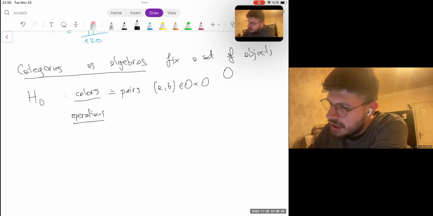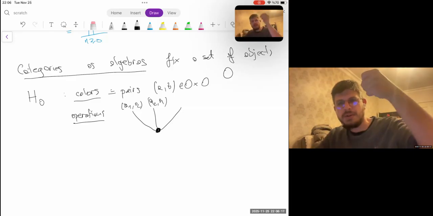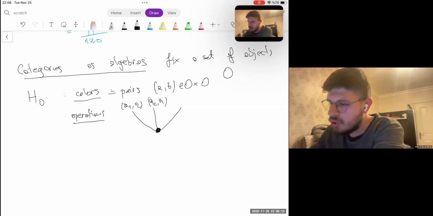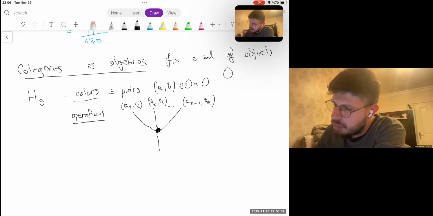you say that there is a unique operation, it doesn't matter what we denote it. So you have A1, A2, then A2, A3. You take pairs where the second coordinate of the first pair is the first coordinate of the second pair, and so on, A3, A4, until A(n-1), An. And there is a unique operation from this into, let's call it mu, into A1, An.